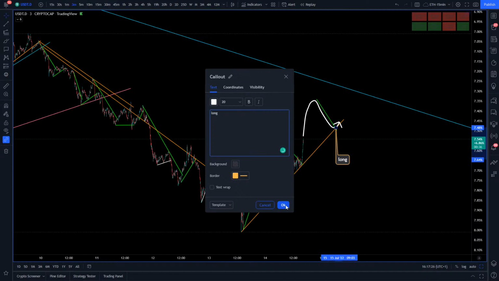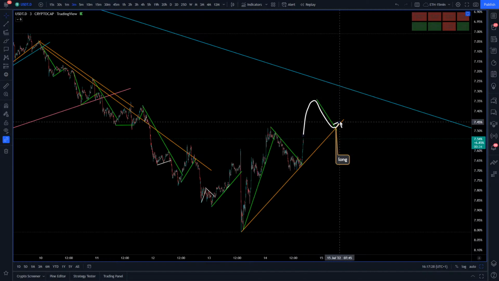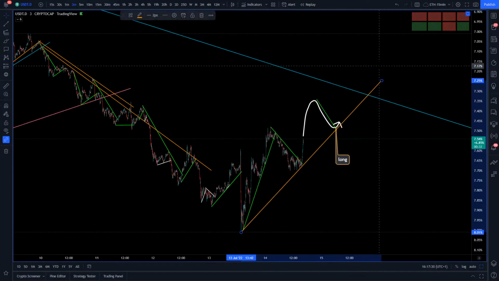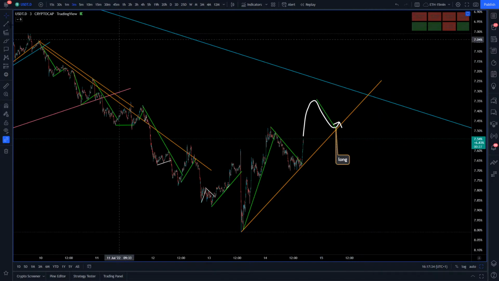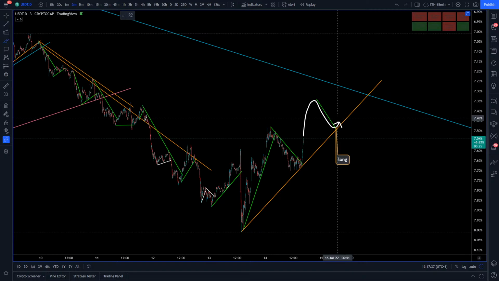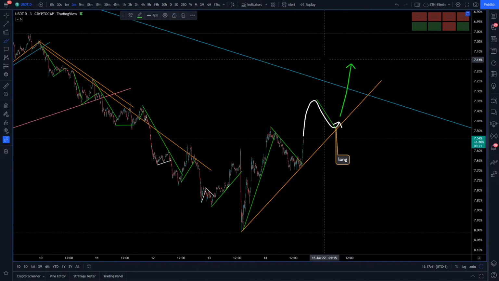The reason is that will be an impulse wave for the 3-day breakout. Okay, if this happens, then that's an impulse wave for the 3D breakout.